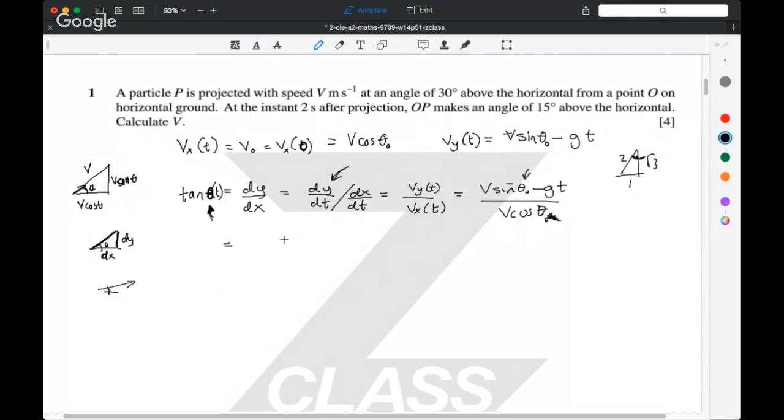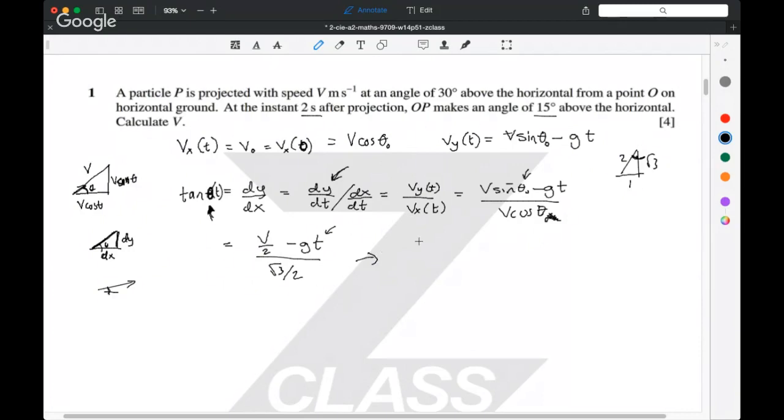So we have that sine of theta naught, which is sine of 30 degrees, is 1/2. So we have big V over 2 minus gt over V cosine theta, which is square root 3 over 2. And now we're told that at 2 seconds, so t is equal to 2, theta is equal to 15 degrees, we'll use that to work out V. So this thing is true for all time, so if we plug 2 in here, we should get 15 degrees there.